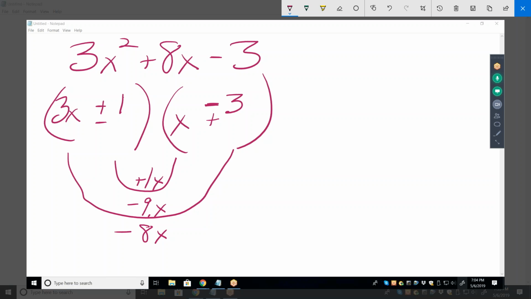So what do I have to do? I just do negative 1x plus positive 8x. Just move those numbers down. So it'd be to the other sign. That'd be 1, negative 3. Yeah, and then that's going to give you the same 8, but it'll give you the opposite sign. So it's a plus 8.